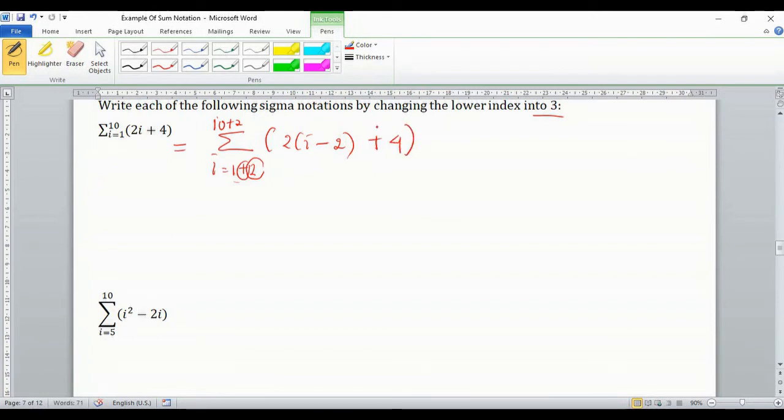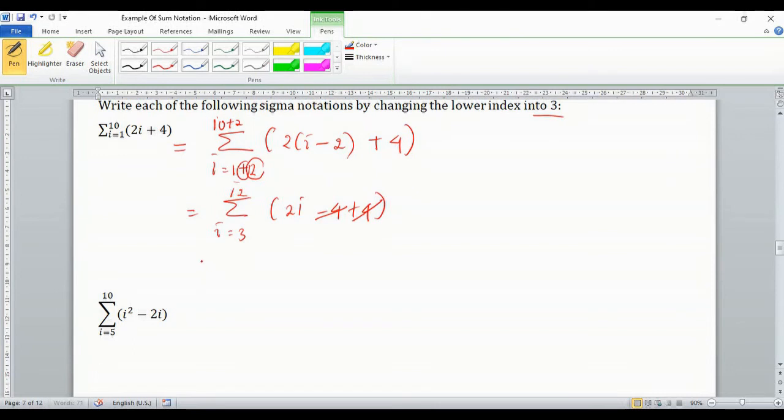Changing just the variable, everyone, not the constant. So from here, we can write i equals 3. This is 12. So this becomes 2i minus 4 plus 4. Okay, so from here we can cancel minus 4 plus 4.